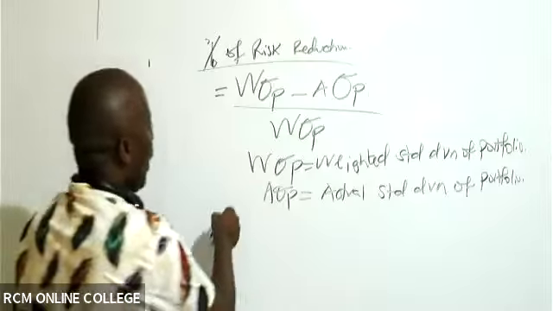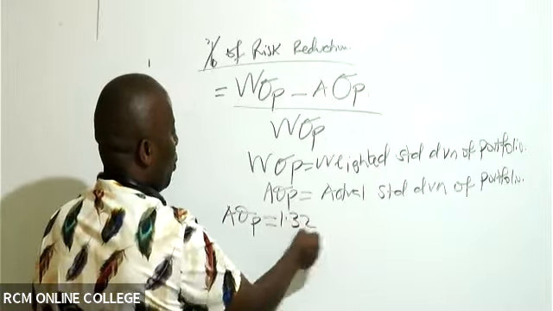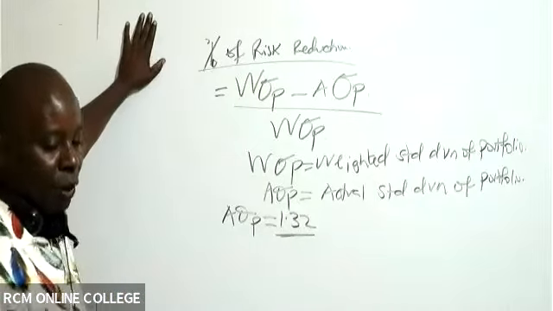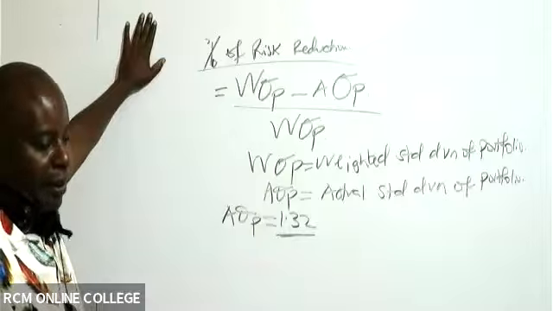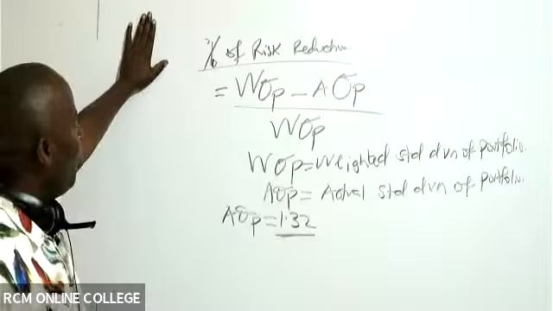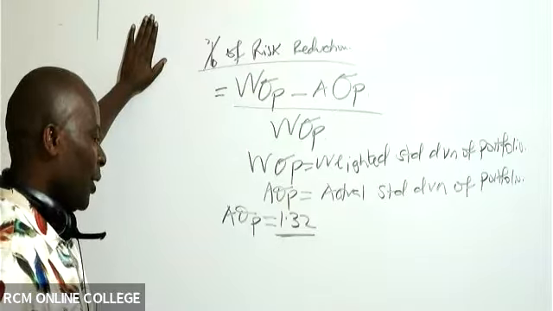So already we have the actual. The actual standard deviation of the portfolio, we've gotten 1 point what here? The one we got up there is the real one, the actual. So whenever you're asked to get the standard deviation of the portfolio, you should be computing the actual.